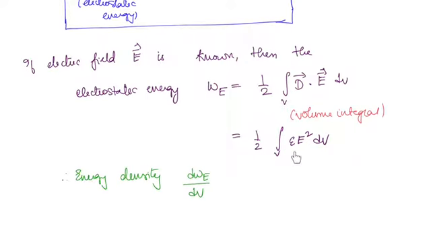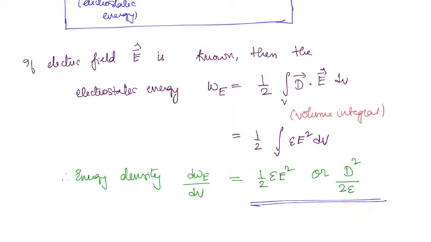Differentiating the integral gives the expression present inside the integral, along with the constant. So the energy density is equal to 1/2 epsilon E squared. You can also write it in terms of the electric flux density, D squared by 2 epsilon. This is the energy density.